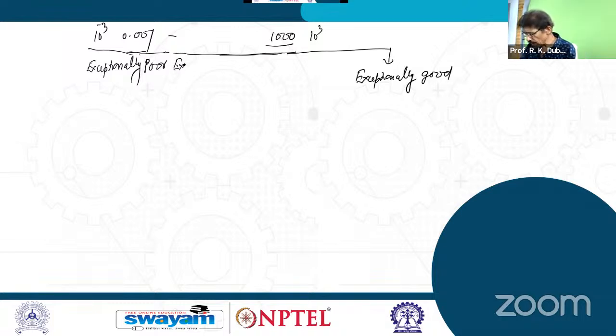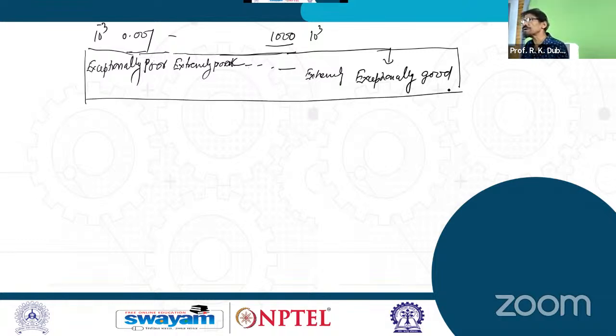Then extremely poor, then extremely good, then very poor, very good, then poor, then fair, then good. So in this way, as you can see from our discussion class, we have already elaborated which level of value represents extremely poor, exceptionally poor, very poor, poor, etc. On the basis of this, we are able to categorize.